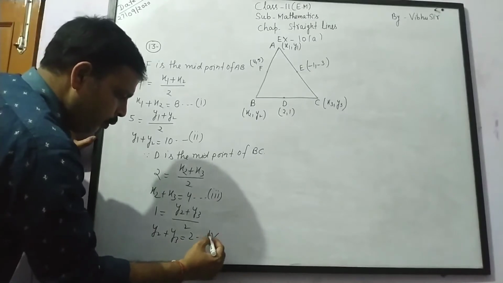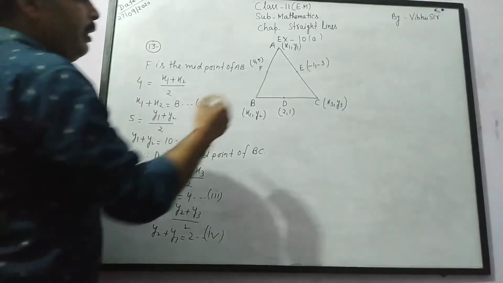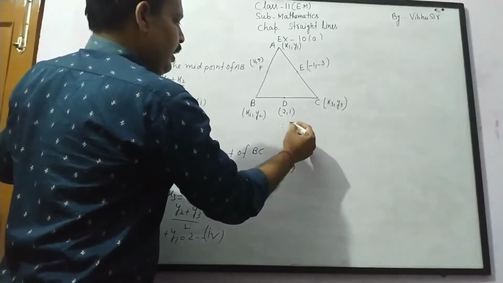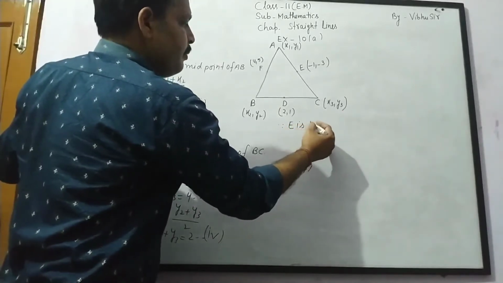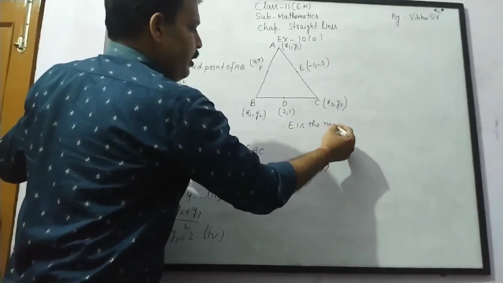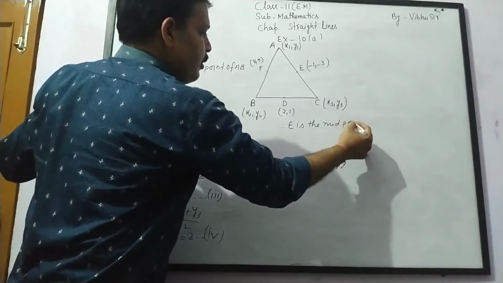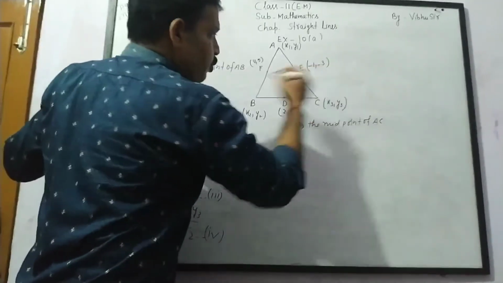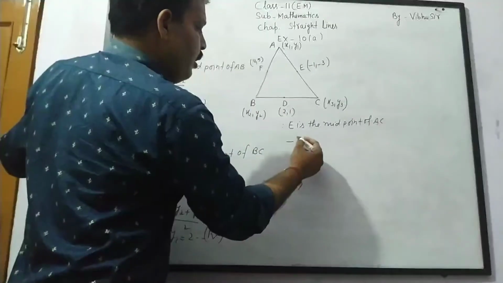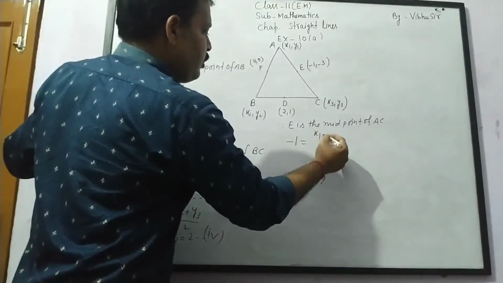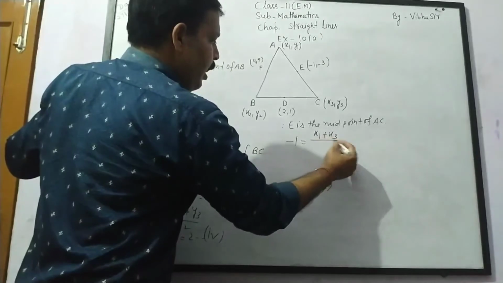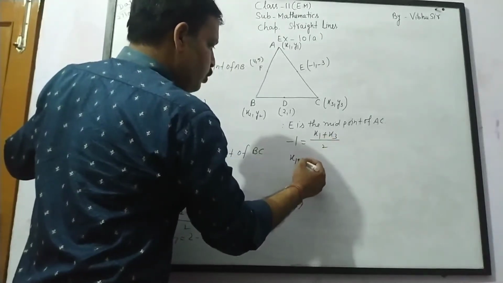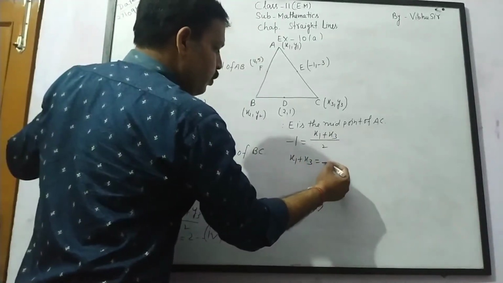Equation number 4. Take E. E is the midpoint of AC. The x coordinate of the midpoint is -1, using the formula (x1 plus x3) upon 2, therefore x1 plus x3 equals -2.